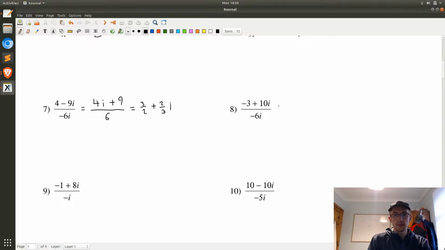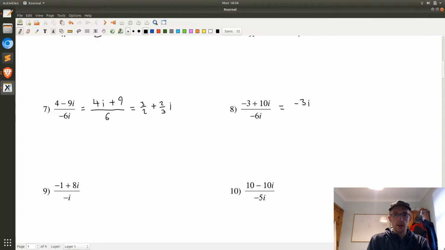Quite pleasant. And here, multiply the top and the bottom by i once more. Or we can exploit this pattern over here if you want. Okay, multiply the top and the bottom by i.